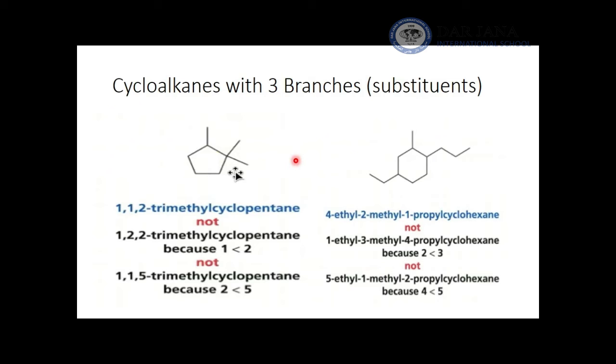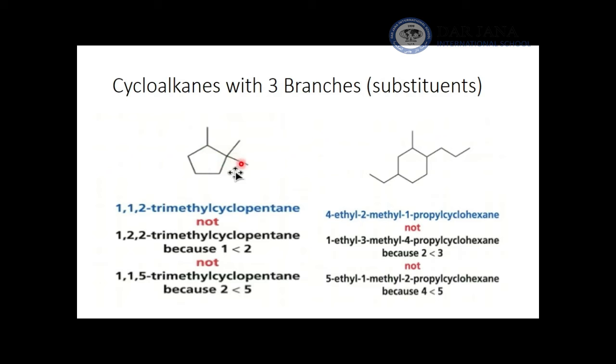Cycloalkanes with 3 branches or 3 substituents. This molecule is called 1,1,2-trimethylcyclopentane. Why? Why not 1,2,2-trimethylcyclopentane? If you have a cycloalkane with 3 branches, look at the branches here.